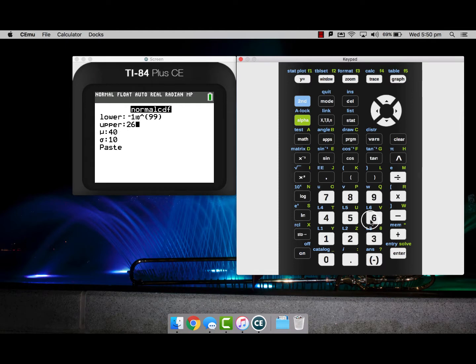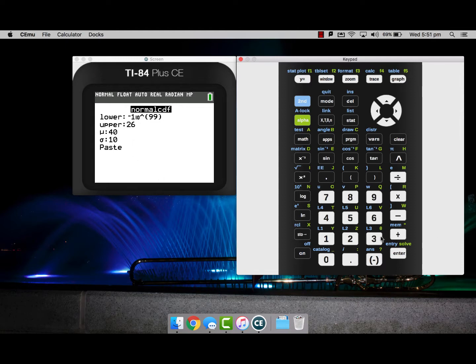So this tells us from basically minus 1 by 10 to the power of 99 up to 26, which in terms of what our calculators can do is as close as we can get to infinity.